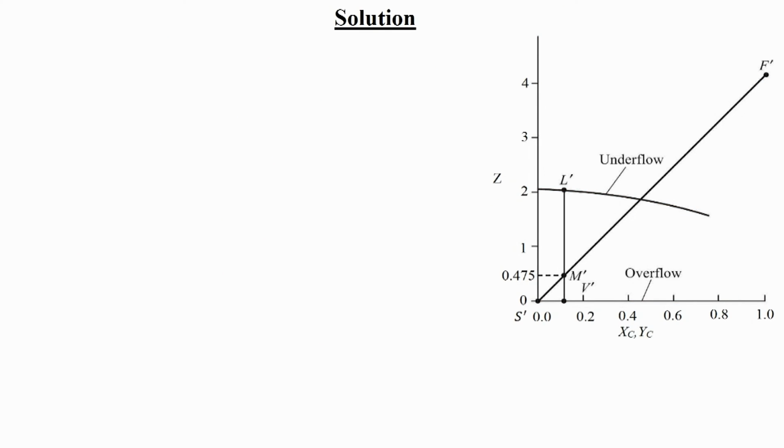Now we will be calculating this ZM prime. ZM prime is, from the formula, F prime ZF prime plus S prime ZS prime, divided by F prime plus S prime.